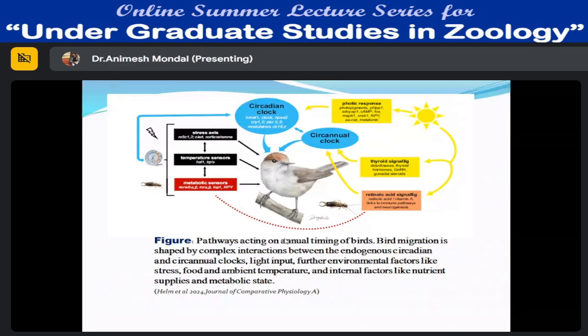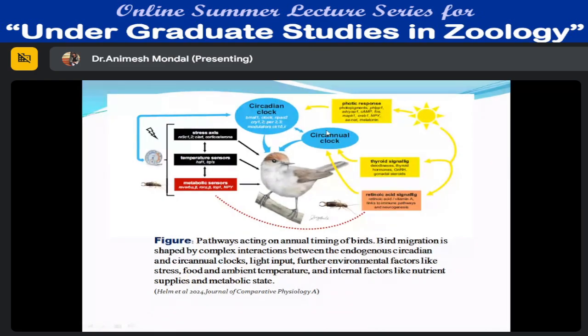Now this is the amazing fact depicted here. The bird that is shown here is a blackcap bird, a female blackcap. Here the different axes are depicted to show how the bird is preparing itself for migration. There is an annual clock, there is a circadian clock, and there is also other signaling.